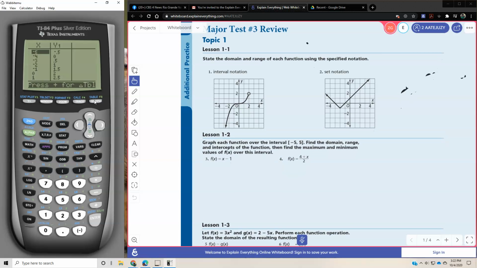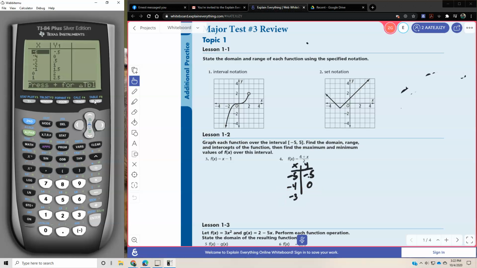And so I'm going to go ahead and make the table here on the whiteboard, so we have x and y, and I'm going to start with negative 5. When x is negative 5, we know it's negative 0.5. When x is negative 4, we know it's 0.